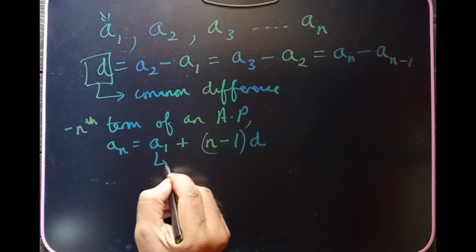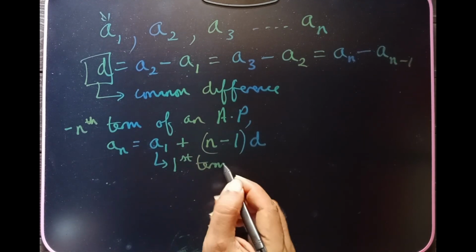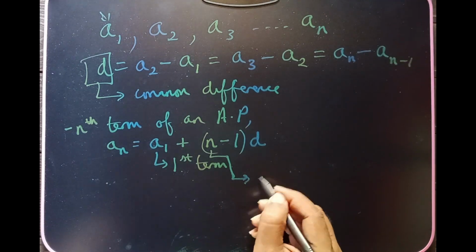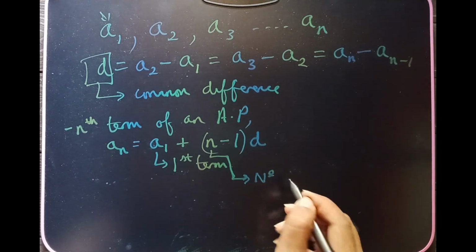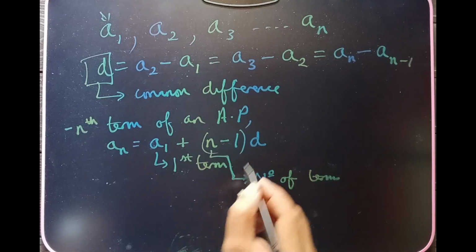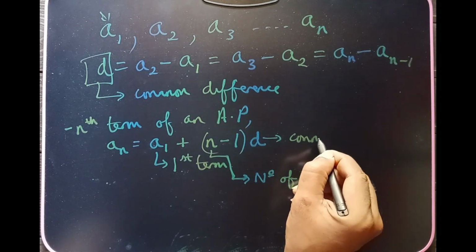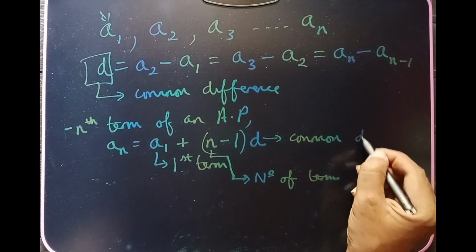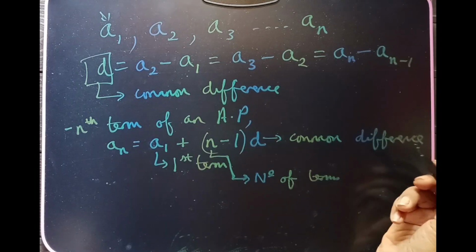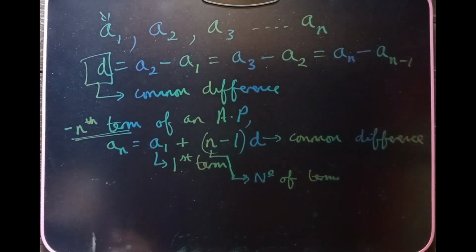Here a1 is the first term, n is the number of terms, and d is the common difference. This is how you find the nth term.